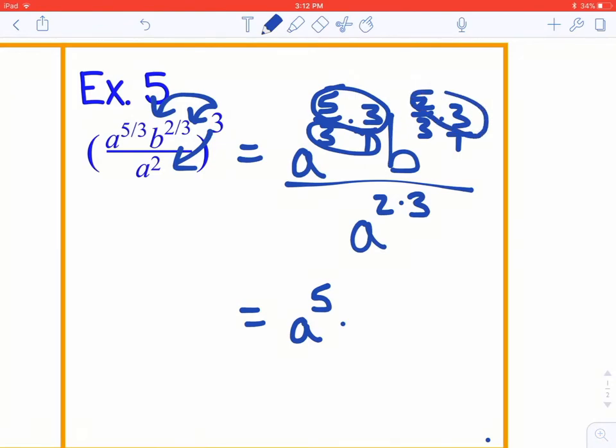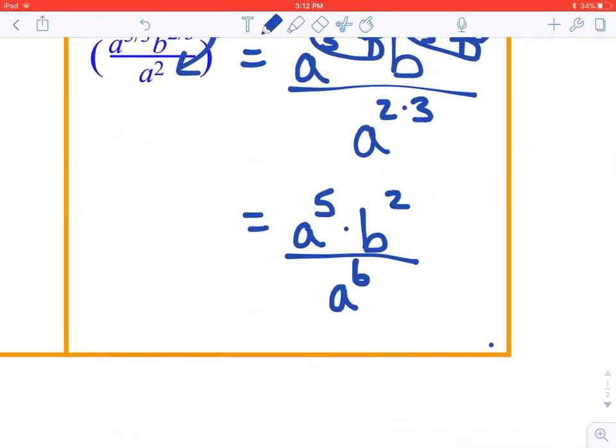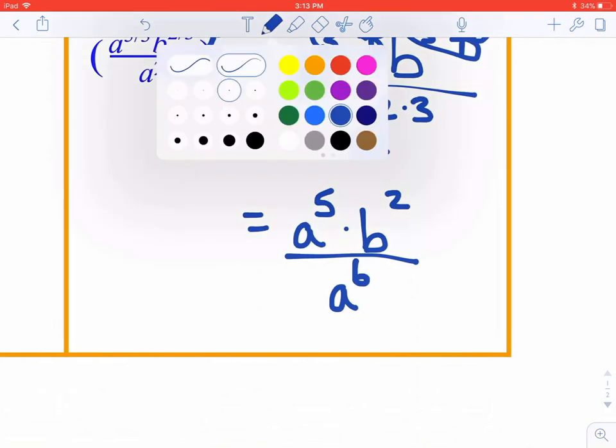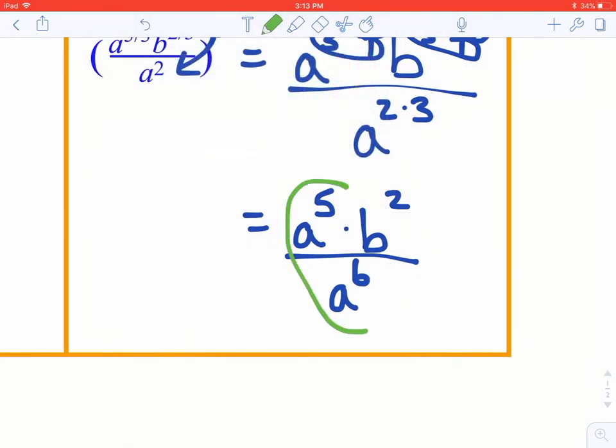And then we have 6 over 3, so 6 divided by 3 would give us a 2 on the b. And then on the bottom we have a to the 2 times 3, which is 6. So then there's just one more thing we could do, which is to combine the 2 a's, because they are like bases. And when they are like bases, we can combine them.